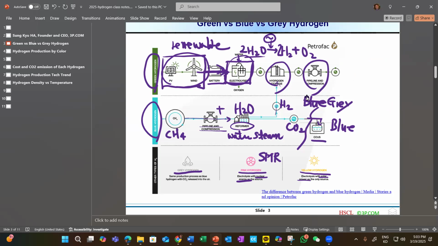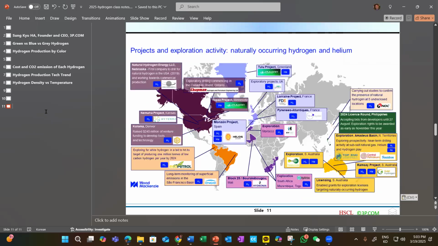Imagine this hydrogen is from white hydrogen. That is the dream for our energy demand. But this is not a dream anymore, because they are saying that a lot of companies and countries are trying to find white hydrogen.